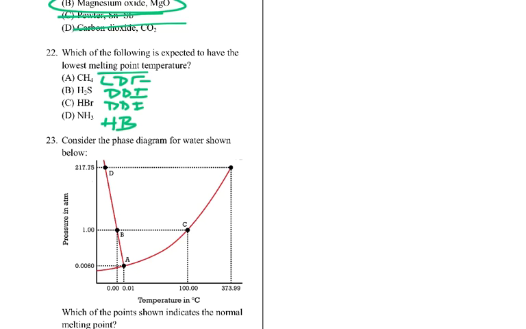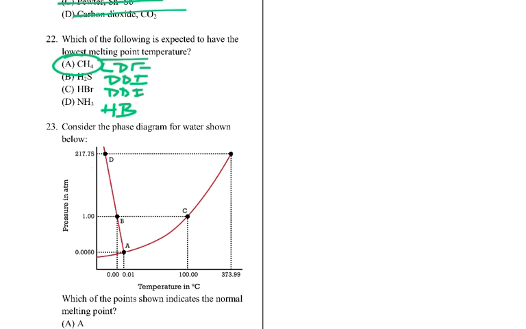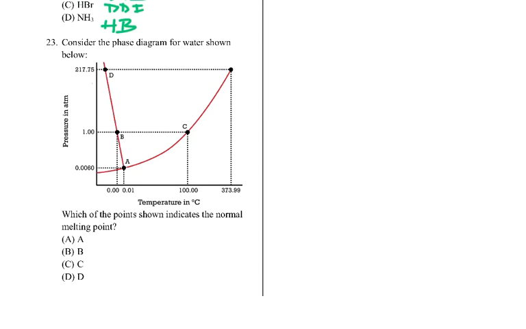So the lowest melting point is CH4. In fact, that's a gas. Consider the diagram shown, at which point indicates the normal melting point. So this is gas, this is liquid, this is solid. So somewhere along this line at 1 atmosphere pressure, so that's the value there. Answer B is when it will melt at 1 atmosphere.